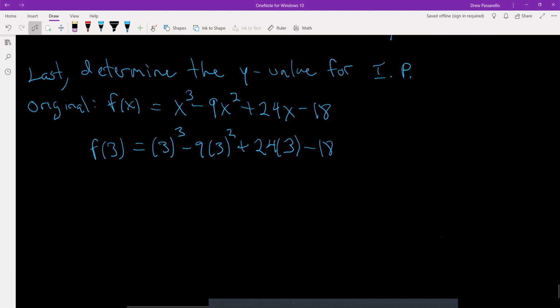If you do that in a calculator, this comes out to be 0. That's the y value, that's the output, and 3 was the input. So the inflection point is (3, 0).